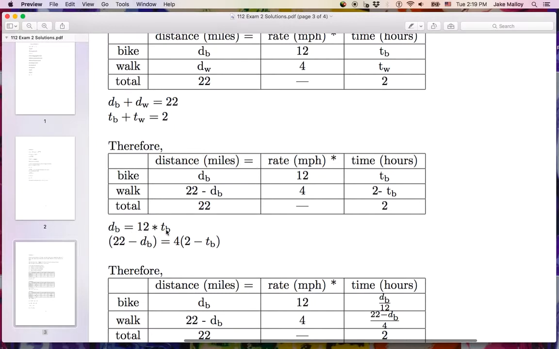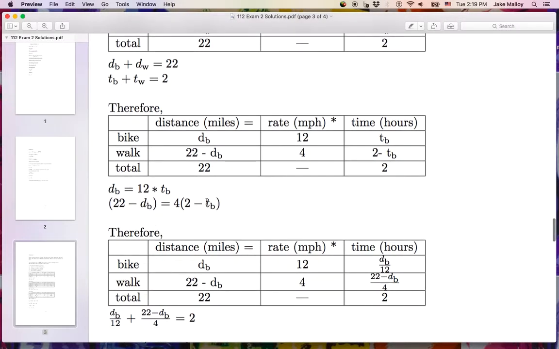So I can create a relationship here that says d sub b equals 12 times t sub b. And also 22 minus d sub b equals 4 times the quantity 2 minus t sub b. So I can create that relationship too.